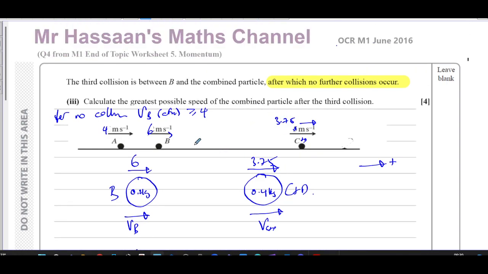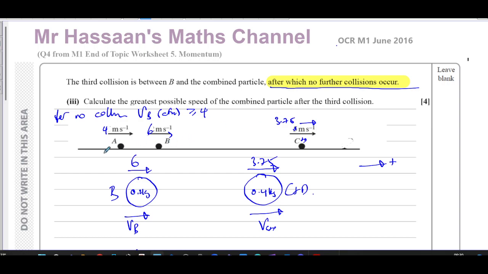Okay, and hopefully you understand that as long as after this next collision, B is going either 4 or more than 4, then this will hold true. There will be no further collisions. If B's velocity is reduced to less than 4 after the collision, then A eventually will collide with B again, because they're going to be moving at that speed after that.